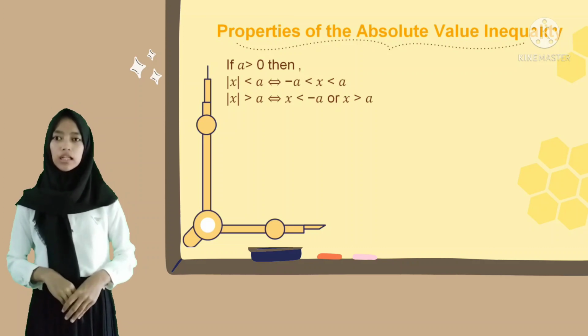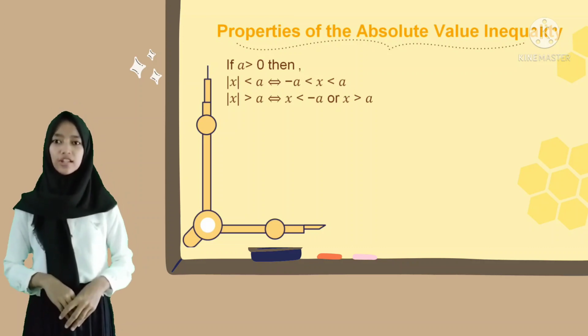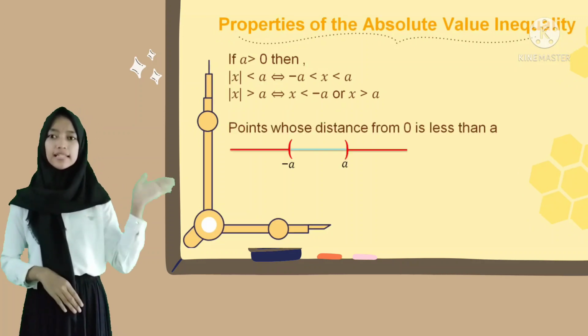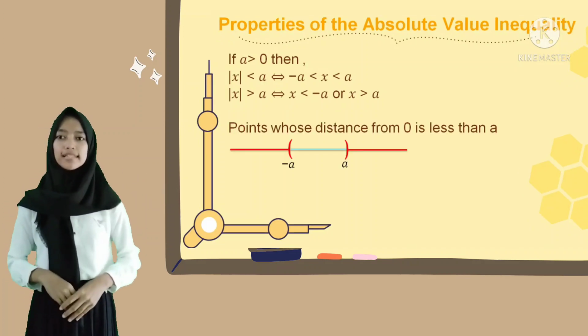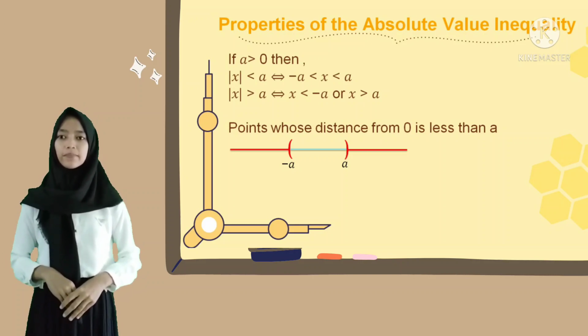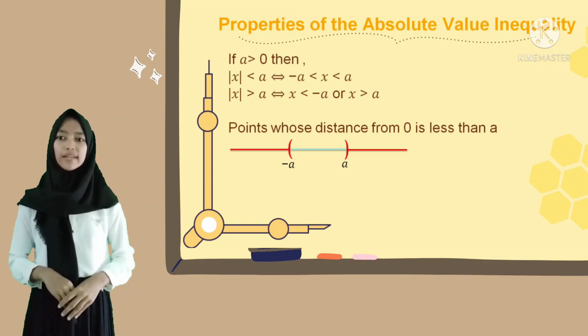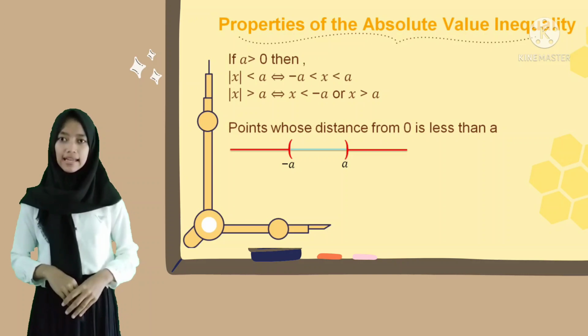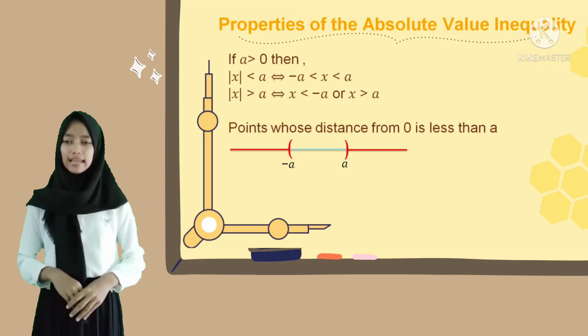In other words, x must be simultaneously less than a and greater than minus a. Like this picture, the points whose distance from 0 is less than a. For absolute value of x greater than a, then x is less than minus a or x is greater than a.